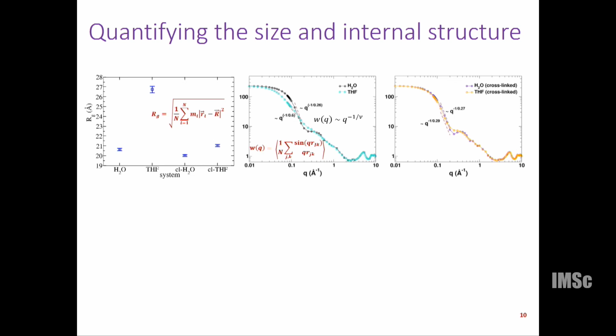But right now, when you transfer it from H2O to THF, the form factor exponents are not very different. So it is maintaining the globularity, but it is swelling while maintaining the globularity. That's what we think is happening. We will do the simulations back and see whether there is any change in the internal structure, but right now we have that signature. It is maintaining the globularity.